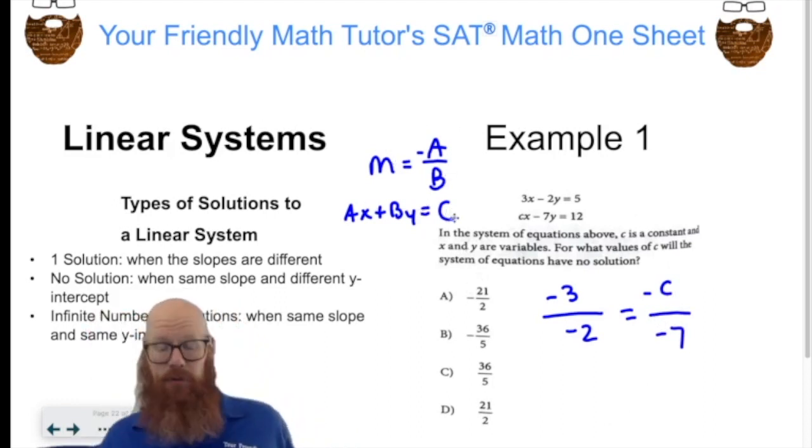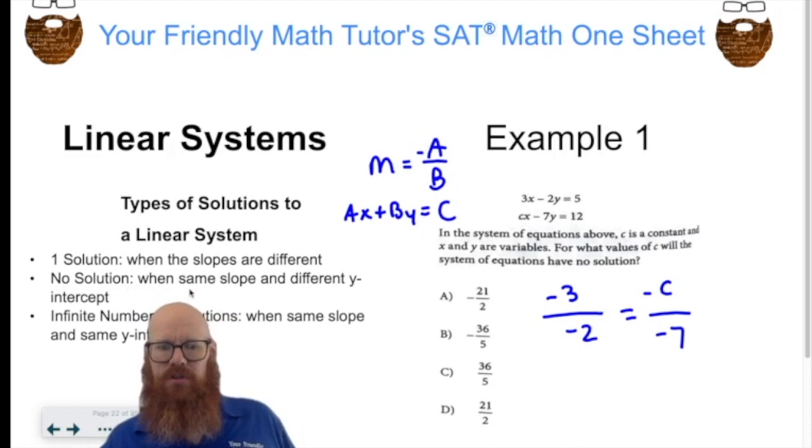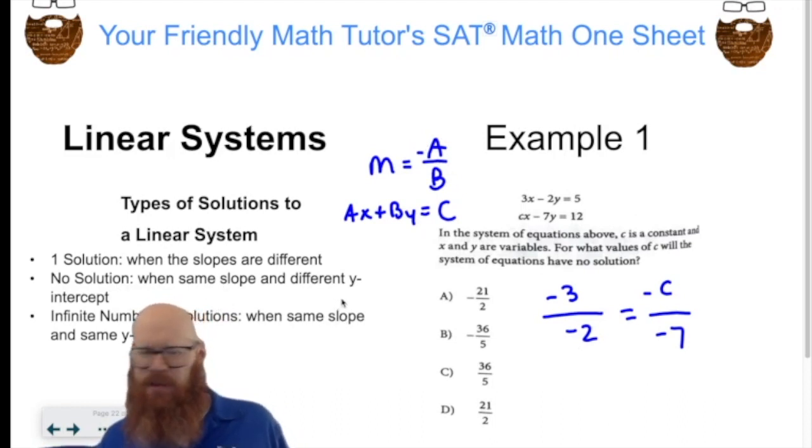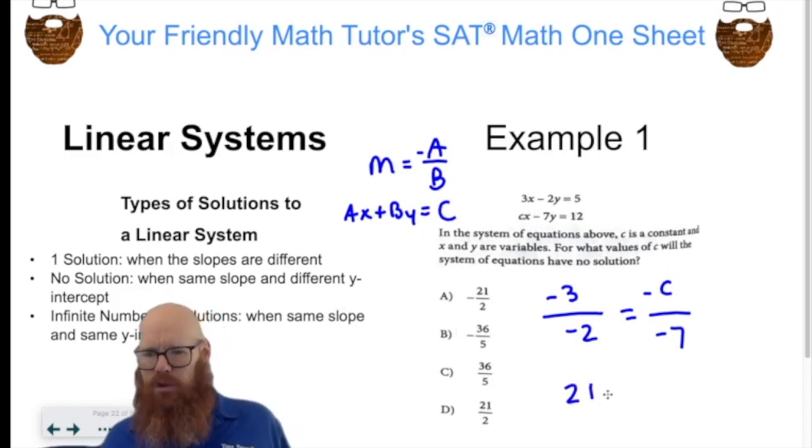When something's in standard form, the slope is negative a over b. If I do that for both of them and set them equal to each other, because no solution is when they have the same slope, I don't really have to worry about the different y-intercept here. I just want them to have the same slope. If I cross multiply, I get 21 equals 2c. So 21 over 2 equals c, which is answer choice D.